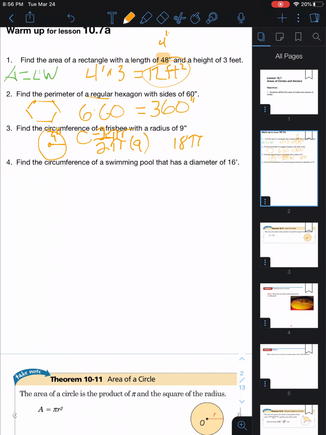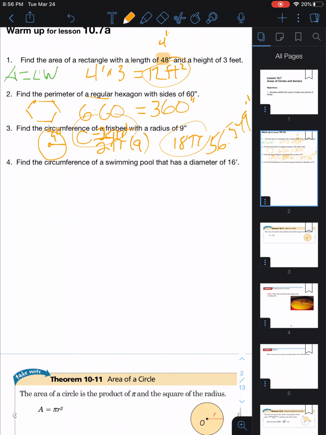If we were going to take that out to approximate decimals, we would enter in pi times 18, and we get about 56.549, and that's going to be in inches for the circumference. C equals 2 pi r. That was a formula we used.